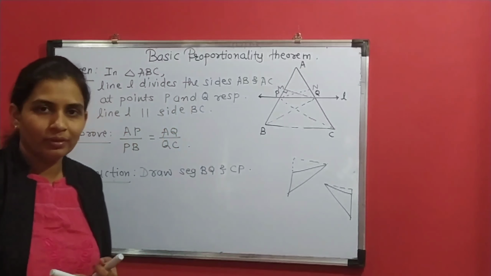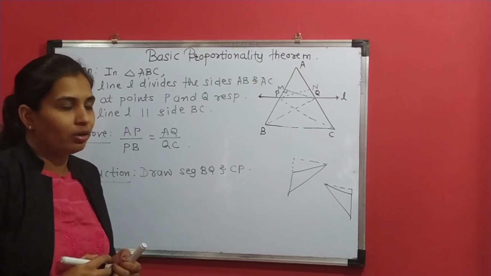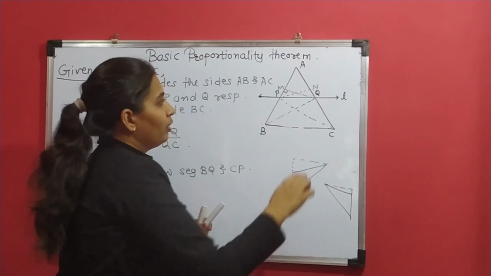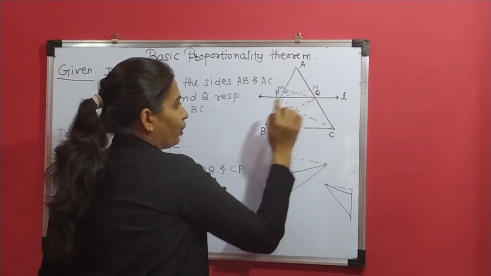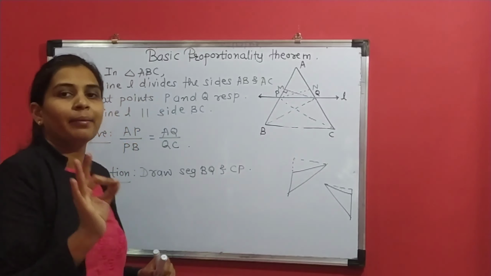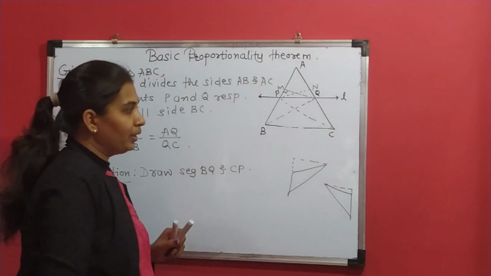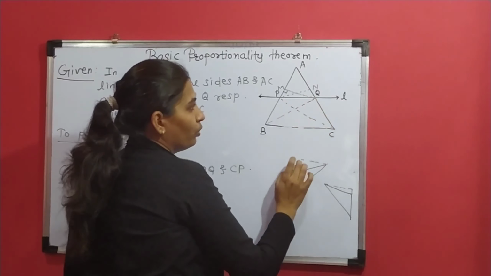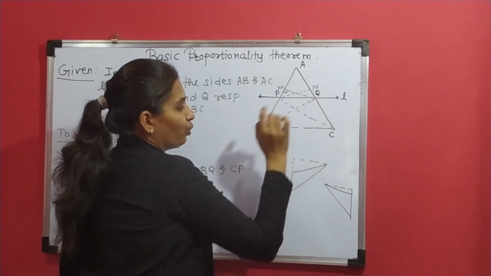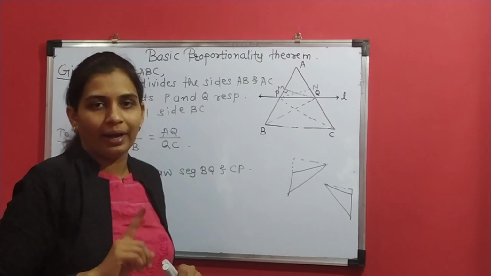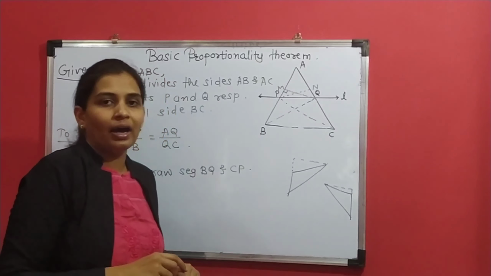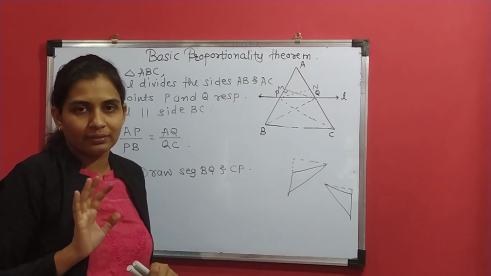Is that clear? Why have I drawn PM and QM here? Because triangle APQ and triangle BPQ will have the same heights. The same thing about CPQ, that triangle APQ and CPQ will again have the same heights. It means all these three triangles have the same heights.